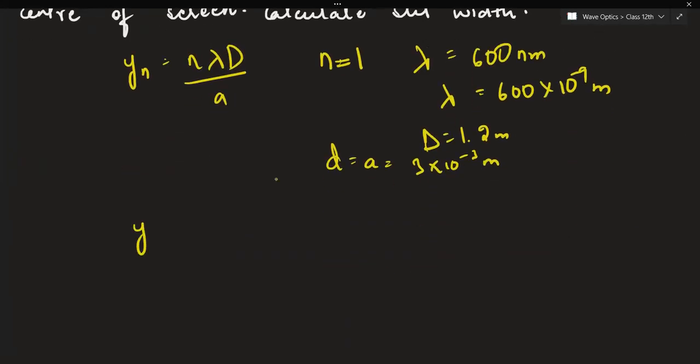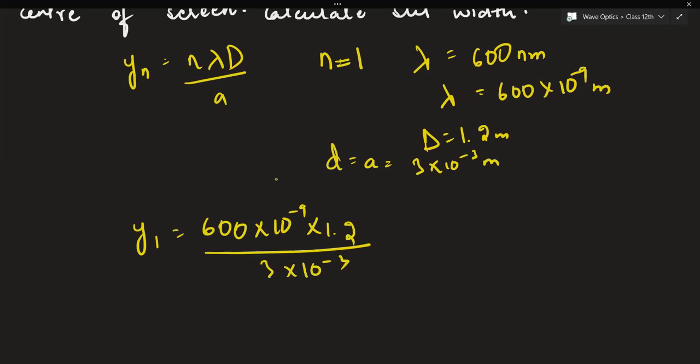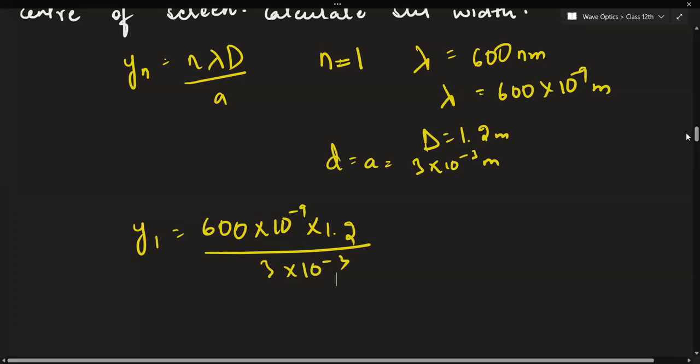So questions from diffraction and interference, these numericals are like this only. Main formula you have to remember. Values you just have to check. So y1 will be 600 into 10 to the power minus 9 into 1.2 by 3 into 10 to the power minus 3. So it will be around 2.4 something. Just check whatever answer you're getting, that will be the final answer.